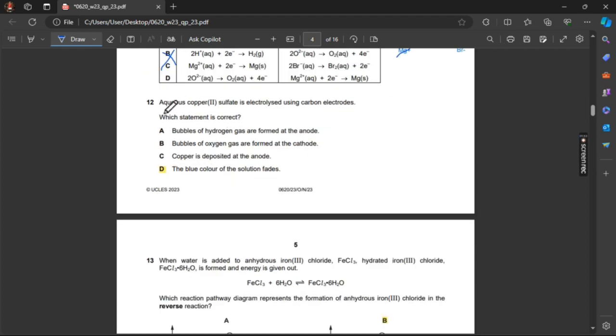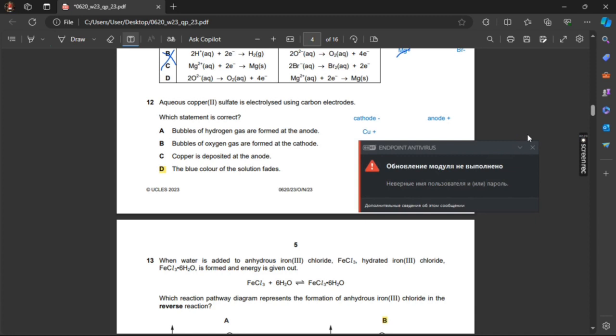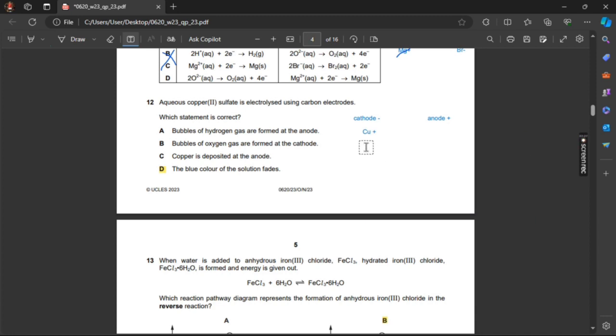And the next question is, aqueous copper 2 sulfate is electrolyzed using carbon electrodes. Which statement is correct? Let's write the names of the electrodes: cathode minus and anode plus. At the cathode there will be maybe copper or there will be hydrogen.